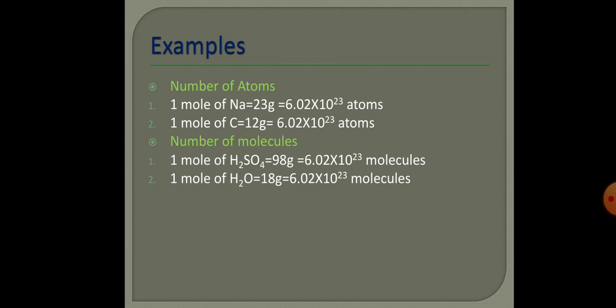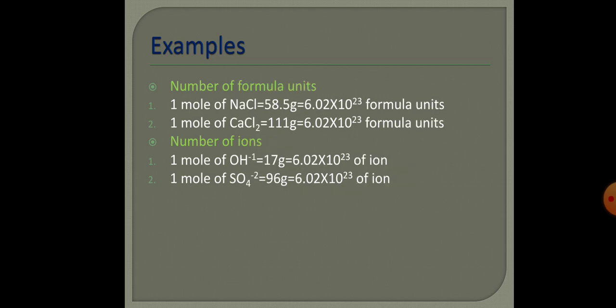In the same way, if we are going to take 18 gram of water, then this 18 gram of water is 1 mole of water and we know that 1 mole of water contains 6.02 × 10^23 molecules. It means 1 mole of every substance contains Avogadro's number of particles.